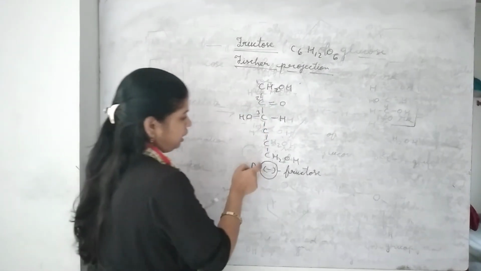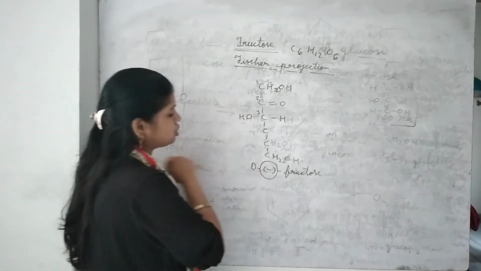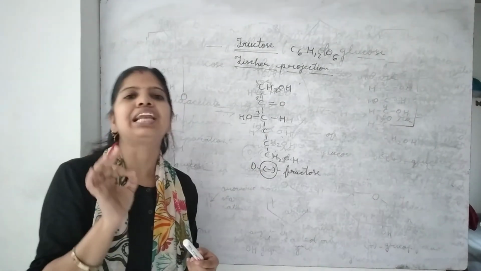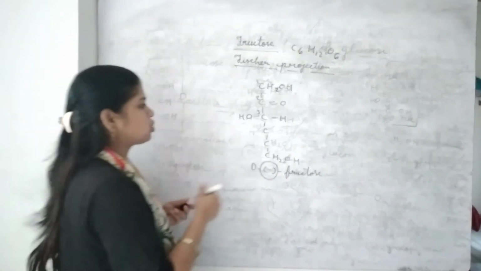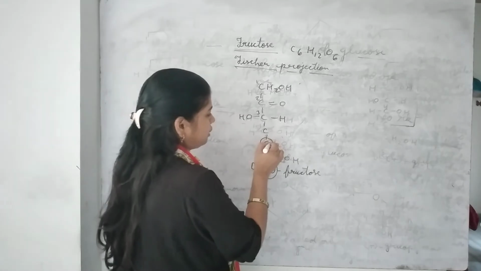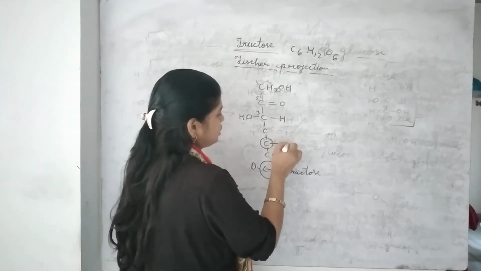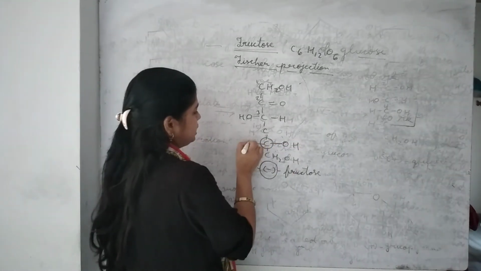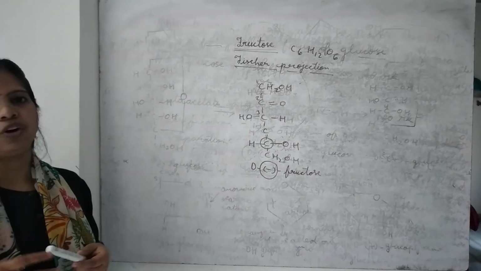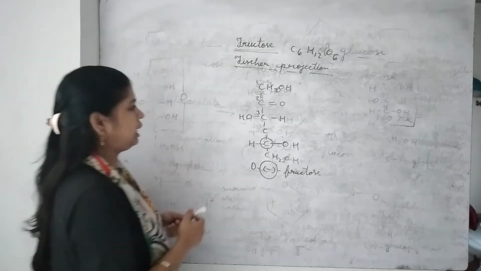Now over here we observe it belongs to the D series. That means it resembles D-glyceraldehyde, so the D series will be shown on the lowest carbon atom. Over here OH will be on the right hand side, just like D-glyceraldehyde or plus glyceraldehyde.